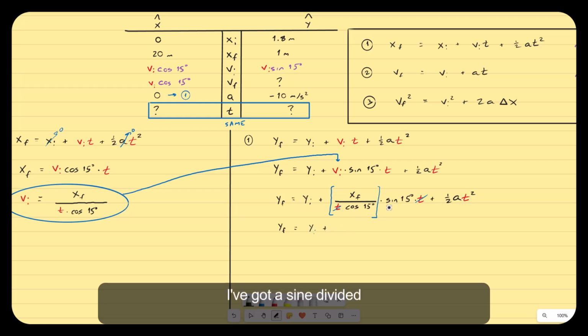plus, I've got a sine divided by a cosine, and I know that's a tangent.